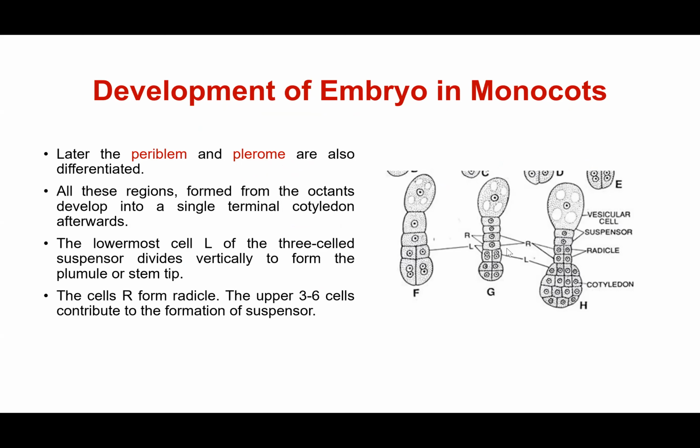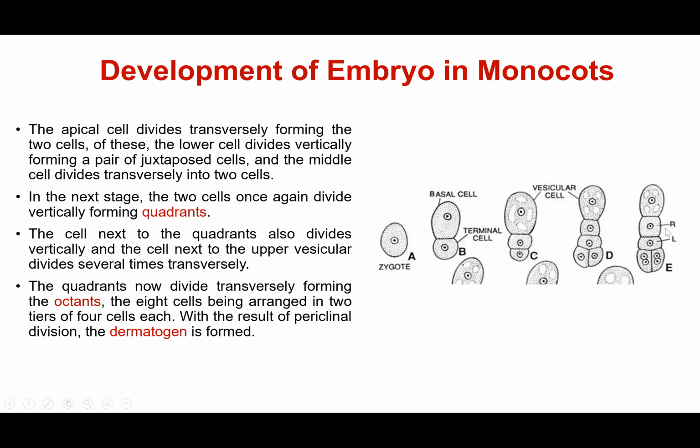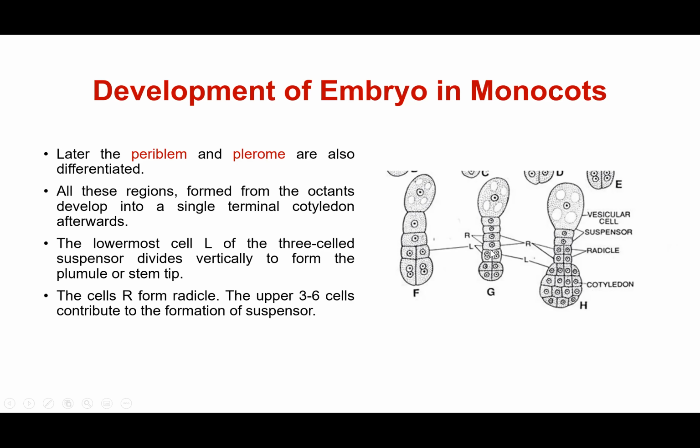Here the lowermost cell is L, as you saw here. The one that is present above L is R. The lowermost cell L of the suspensor divides to form the stem tip or the plumule.